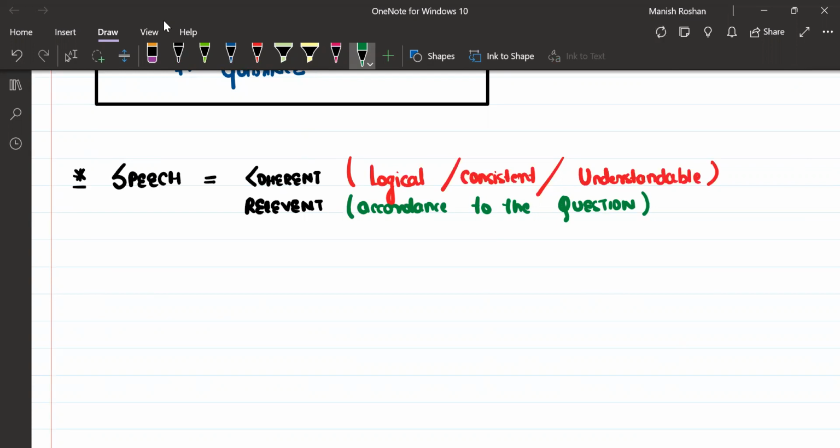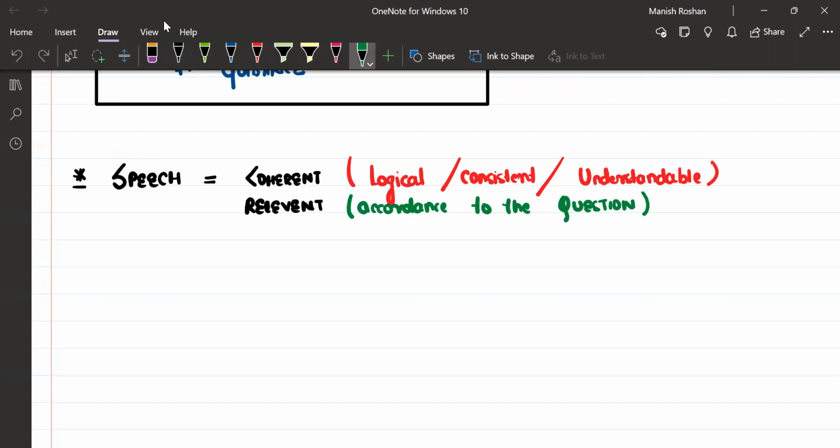However, if he or she keeps on describing the topic, if you are able to understand it, if there is a logical sequence and the speech is understandable, you can label it as coherent. However, you can say that it was not relevant because it was not answered in accordance with the question that was being asked. So relevancy means whether the answer has been given according to the question. Coherent means whether the speech was logical, consistent, and understandable or not.